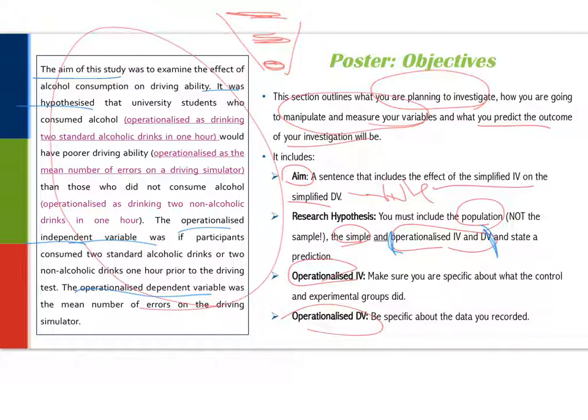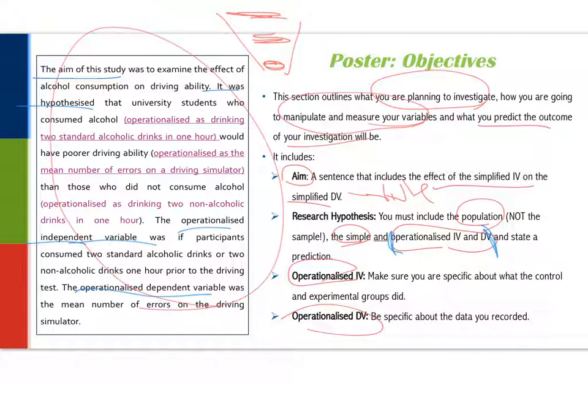Now with the other class, we're looking at recalling information in the same state as the information was encoded as compared to recalling information in a different state as the information was encoded, okay? So you have to talk about recall and encoding in both conditions. And that's just for the simplified part. Now remember, in terms of our simplified DV, we're looking at increased retrieval.